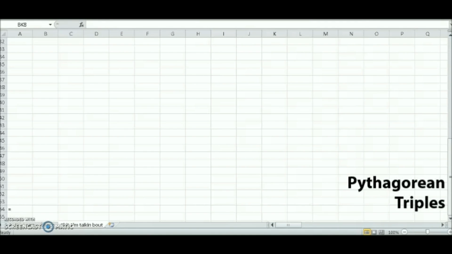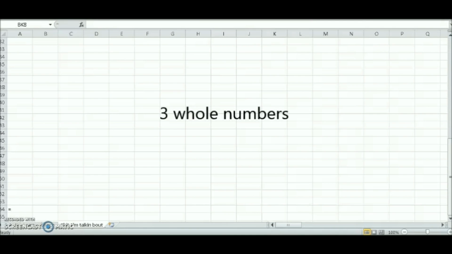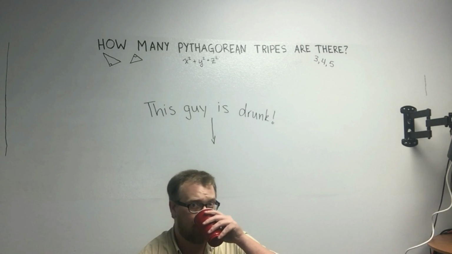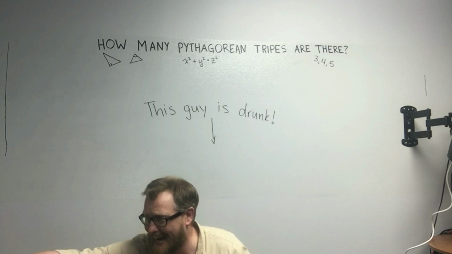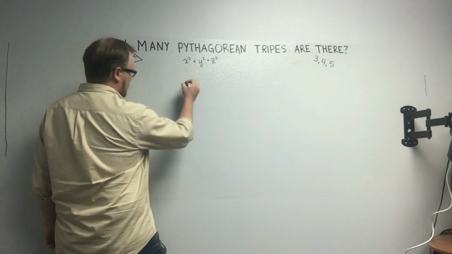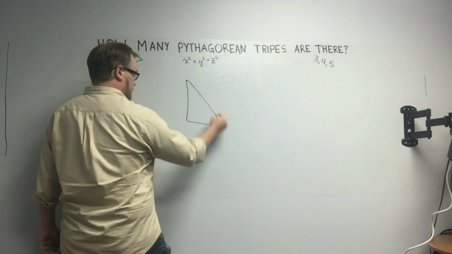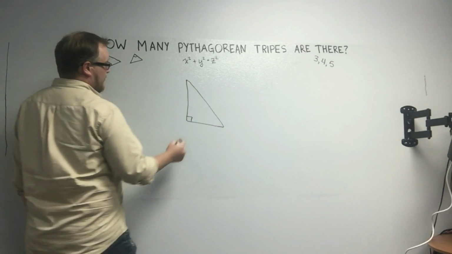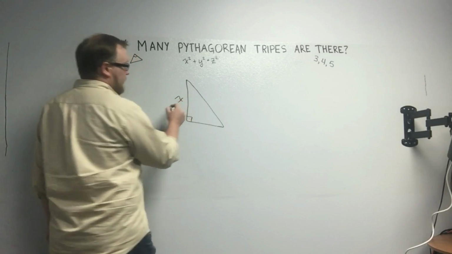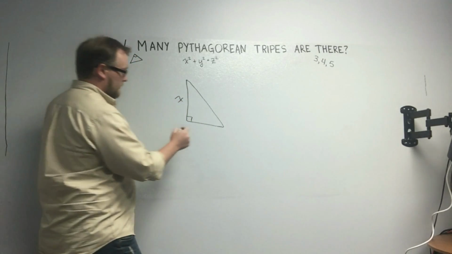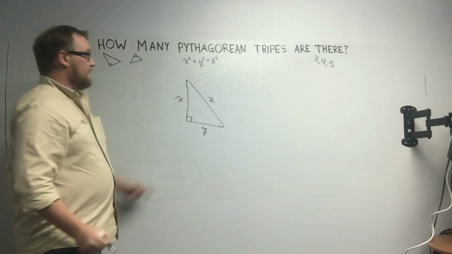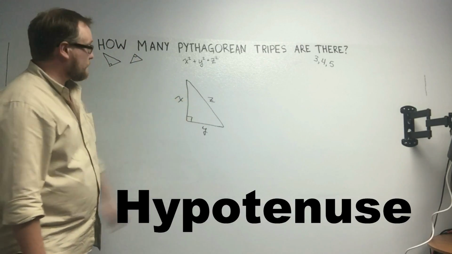Pythagorean triples are three whole numbers that satisfy the equation a squared plus b squared equals c squared. Take a right triangle. You make that side x, and you make that side y, and then that side is going to be z, the hypotenuse.